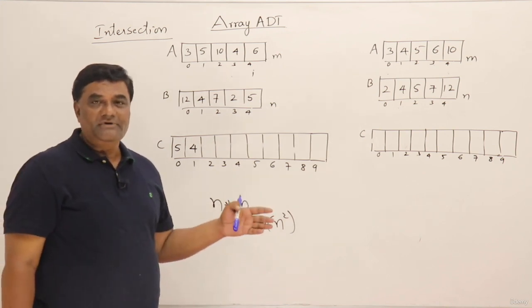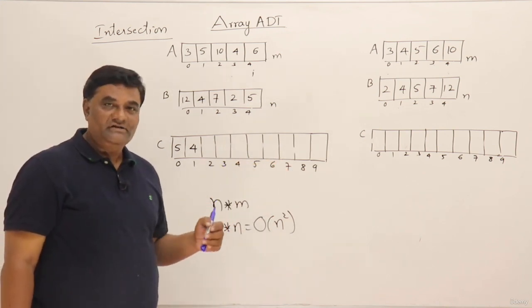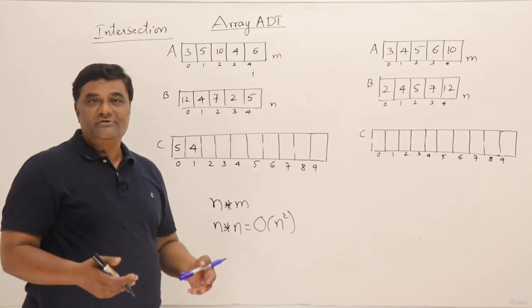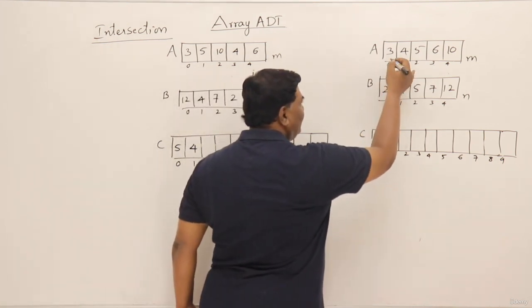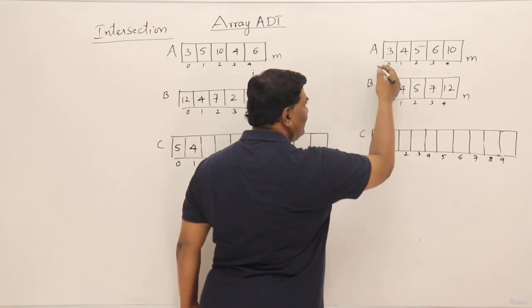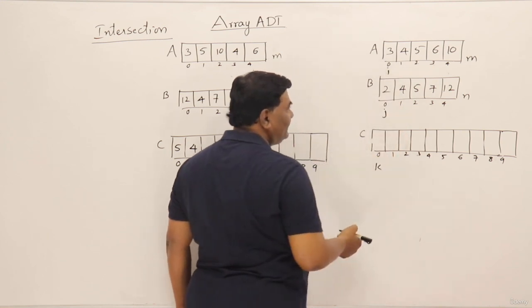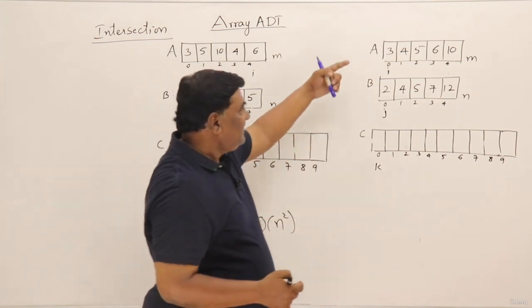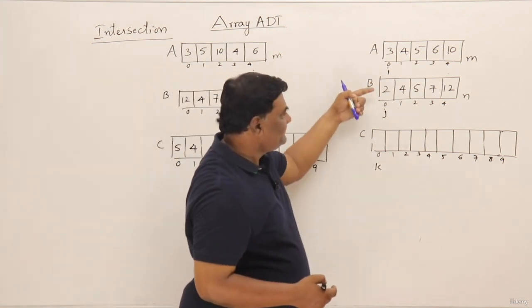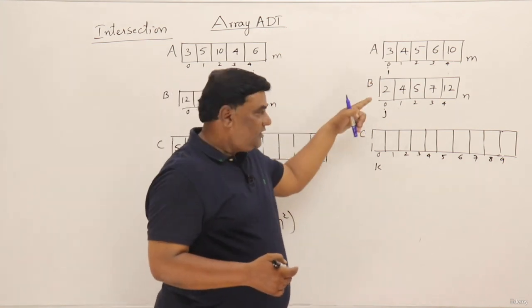Now let us see how to perform intersection if they are already sorted. Here also we use the same procedure of merging. For merging, let us start indices from 0 of each list, that is i, j, k. And in merging, we check which is smaller, A of i or B of j. This is smaller. Don't copy it.